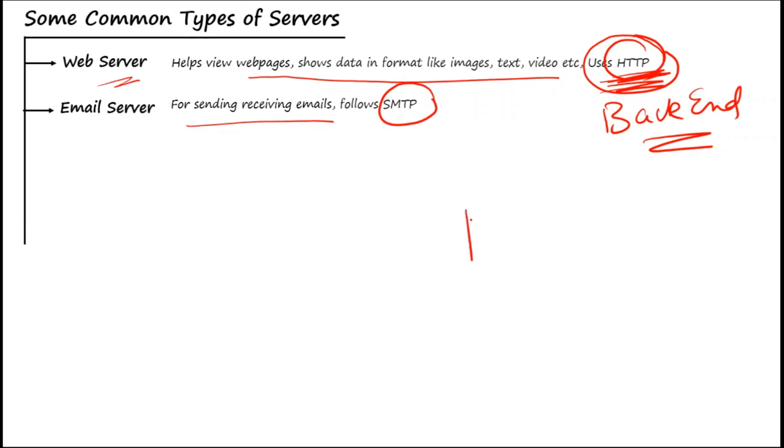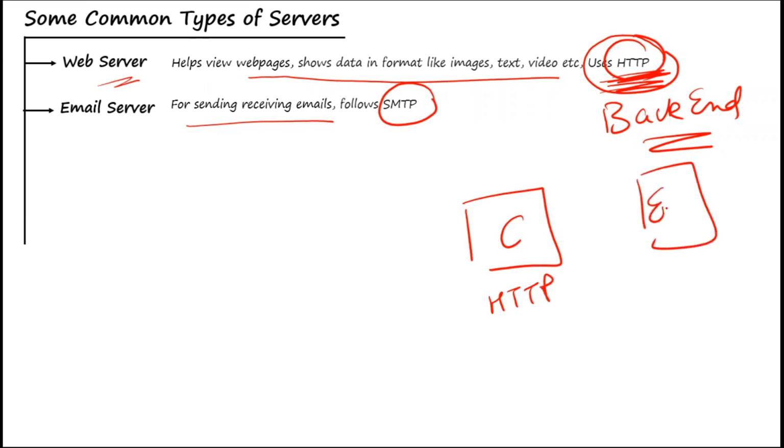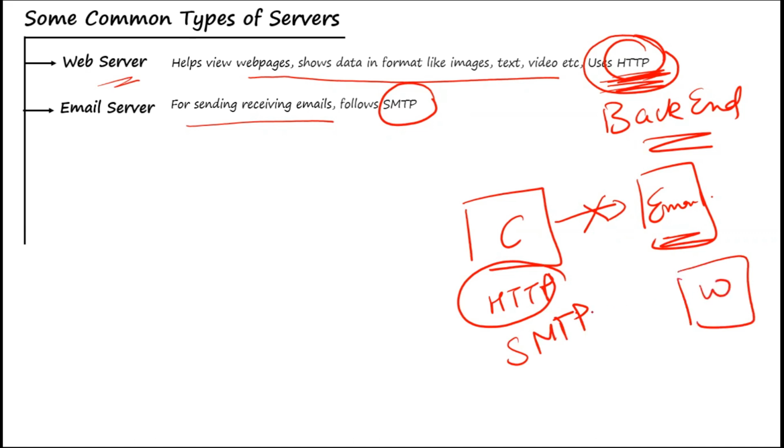For instance, if this is my client and I have sent an HTTP request, and here I have an email server, when this request comes, this server will directly reject it because it is not following the protocol that this server has been designed for. Similarly, if I have SMTP and over here I have a web server, and this request comes, the web server would reject it because we're targeting the wrong server with some other protocol.